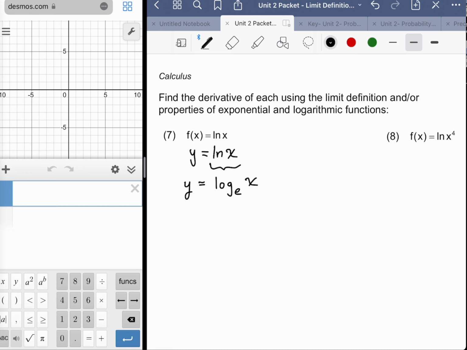Now, again, what a log is asking us is what power would I have to raise the base to in order to get this x as a result. So what power must e be raised to in order to equal x?